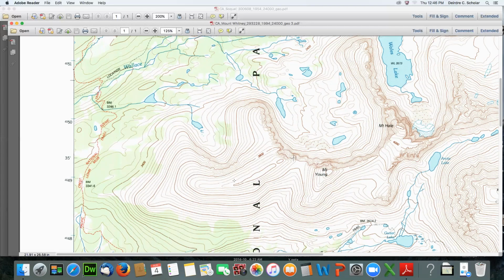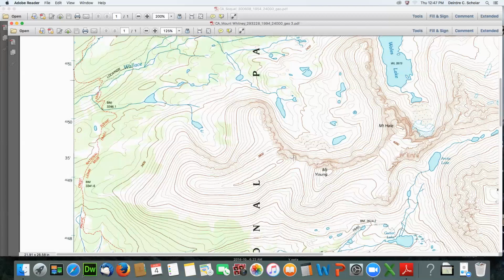Now notice that the spacing between each individual contour line varies quite a bit in the map itself. There are some areas, for example, over here, where contour lines are spaced fairly widely apart from one another. And then there are areas over here, say by Mount Hale, where the contour lines are spaced very, very tightly together.